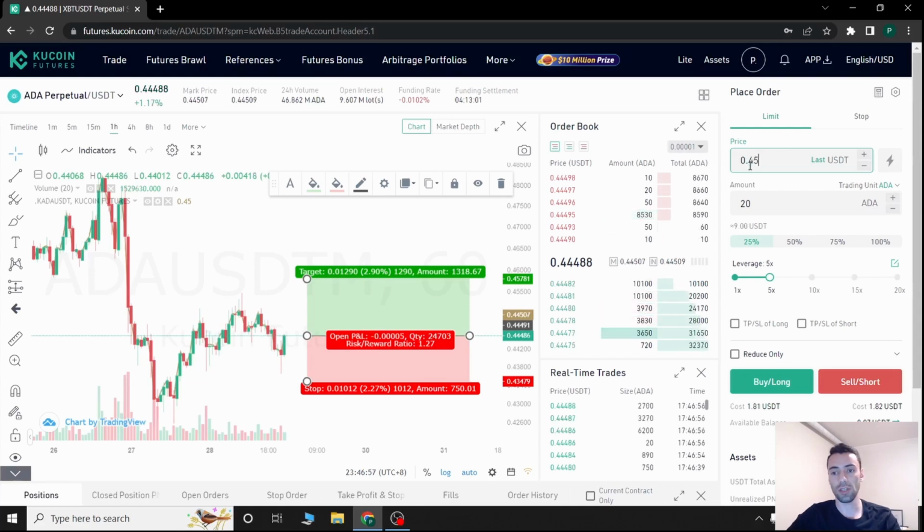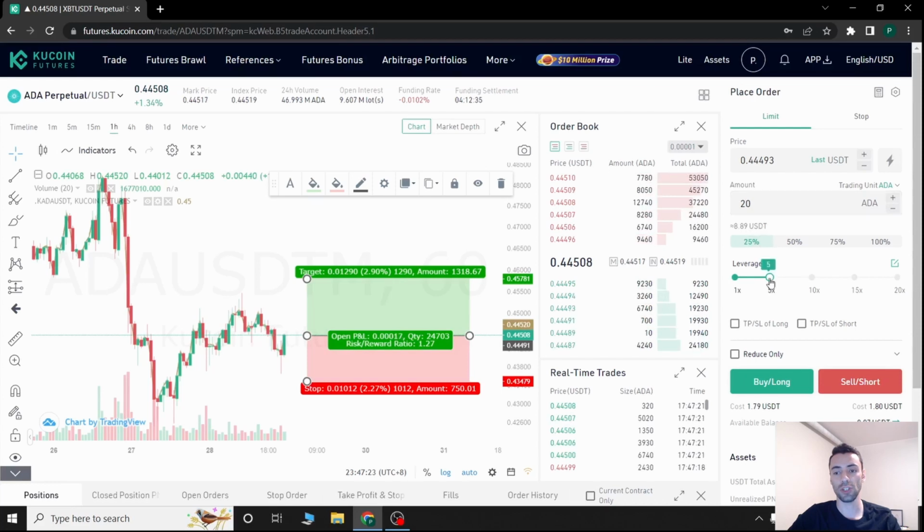We can set the price here. For example, we want to enter at 45 cents, or we can just click on Last and it shows the last price, which is trading right now. You can set the amount of Cardano or any other coin that you want to trade, say 25 or 50%. For example, let's trade 25% of that, which will be 8.89 USDT.